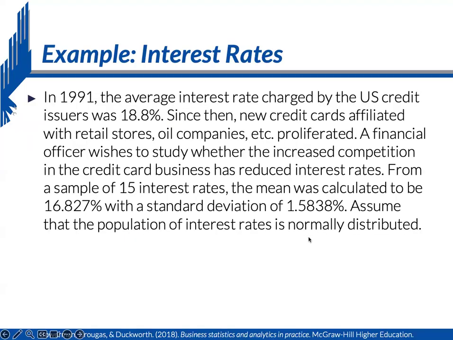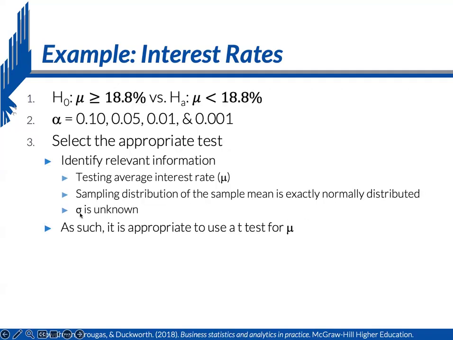Finally, like in most situations, we don't know the population standard deviation. What is given is 1.5838%, which is a standard deviation from the sample of 15. So since sigma is unknown, the appropriate test now would be the t-test for the population mean and not the z-test.